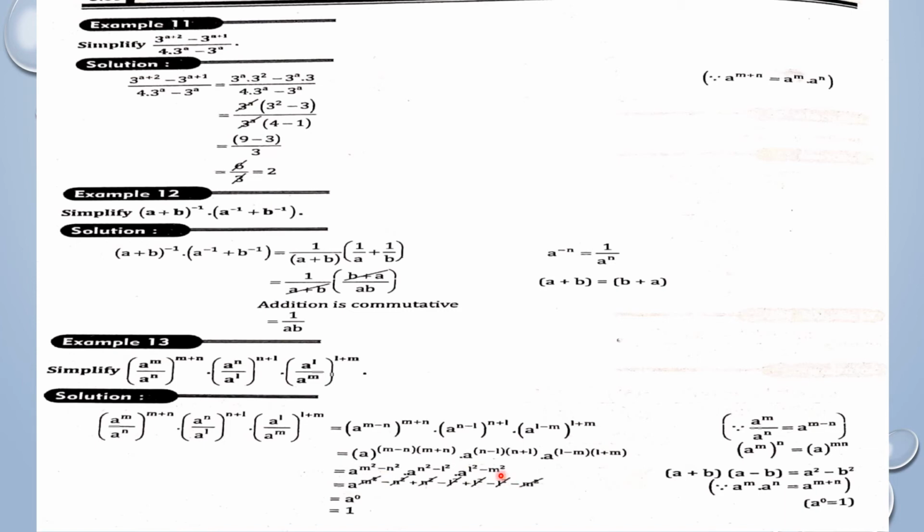Everywhere it is written the same. When you have a common base, powers can be added. So a is the common base, m square minus n square plus n square minus 1 square plus 1 square minus m square. So everything gets cancelled, and finally you will be remaining with 0. So anything to the power of 0 is 1.